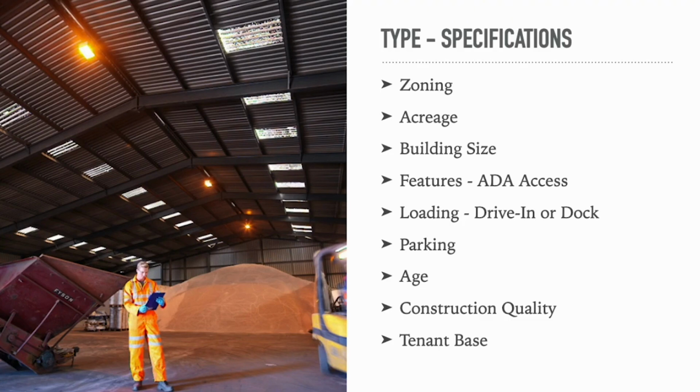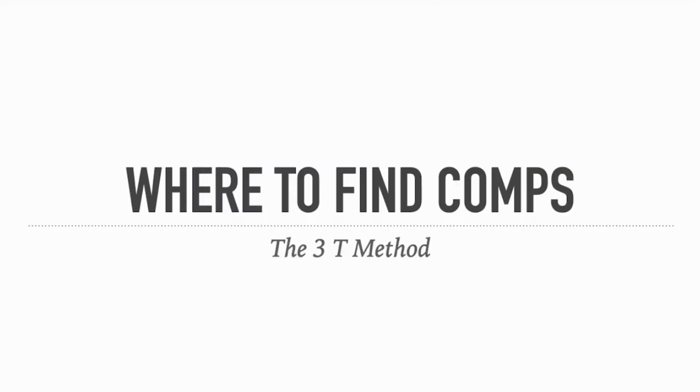So these are all specifications that we pay attention to in the comp selection within the asset type to make sure that we're getting reliable comparables to get to that valuation that's helping the client maximize what that real estate should be doing for them.